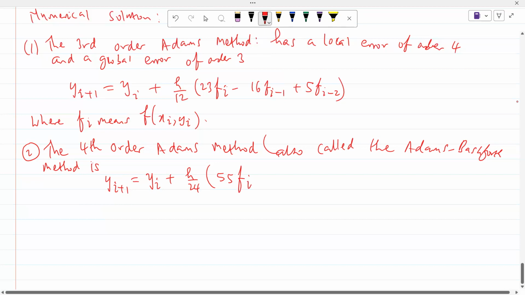These formulas will often be given where necessary, but it's very important to note them just in case they don't give them out. 55 f i minus 59 f i minus 1 plus 37 f i minus 2 minus 9 f i minus 3.